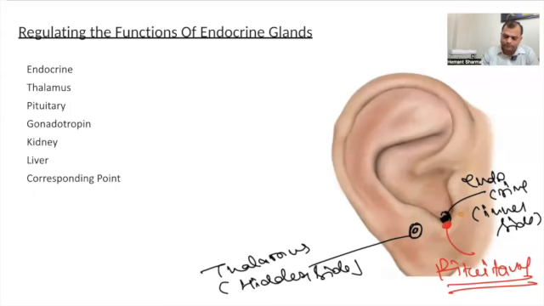And the gonadotropin hormone here on the hidden side. Okay, so these are the 4 hormonal points, G, T, H. So remember these 4 points if you want to balance any types of the hormonal dysfunction. अगर आप किसी भी प्रकार के हार्मोनल डिसफंक्शन को ट्रीट करना चाहते हैं तो इन 4 पॉइंट्स को हमेशा याद रखिएगा.